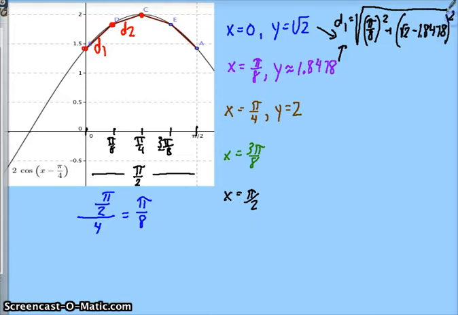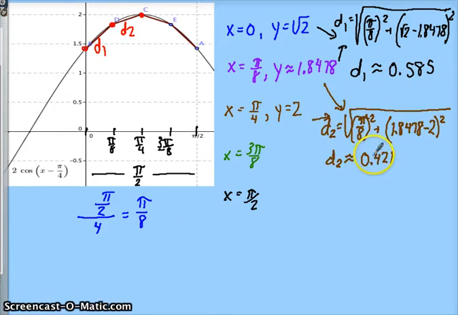Remember, when you're doing this, don't go to 2 decimal places. With trig, at least go to 4. All right? Very important. And when you do this, you're getting approximately 0.585. That's D1. And we can find that D2 is approximately 0.421.